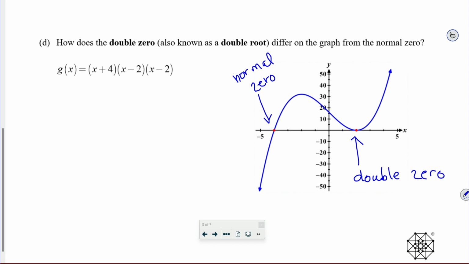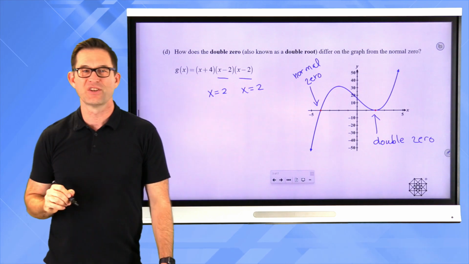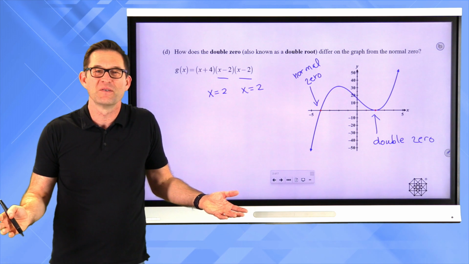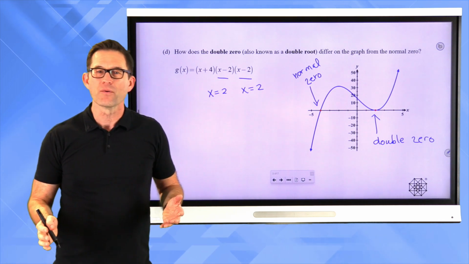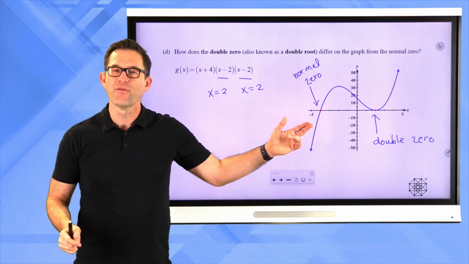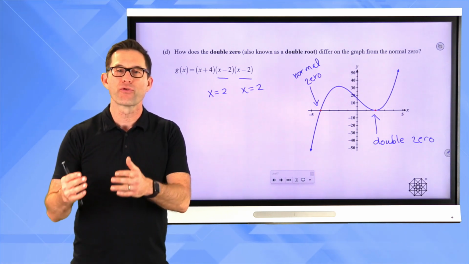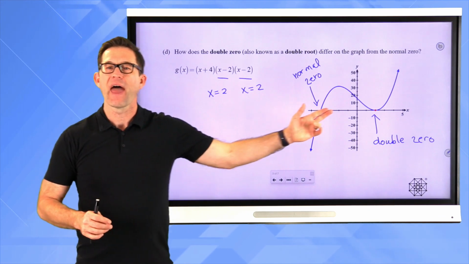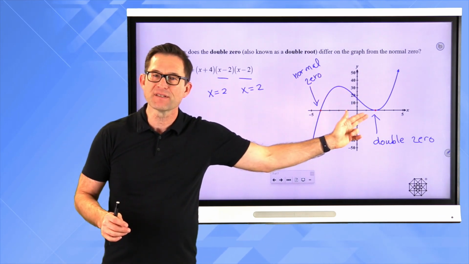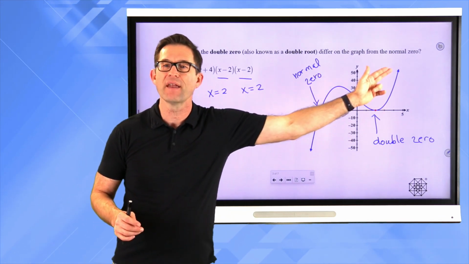Because you could think of it as, oh, hey, I had a zero at x equals 2 and another zero at x equals 2. They're the same zero, right? But how does it differ? Well, at x equals negative 4, what happens is that the graph actually passes through the x-axis, and at our double zero, it simply comes down, touches the x-axis, and then goes back up.